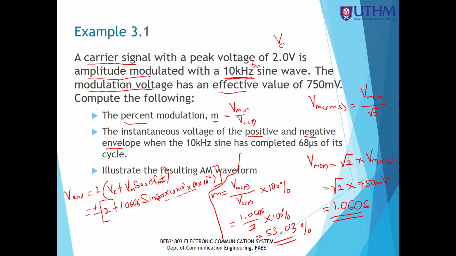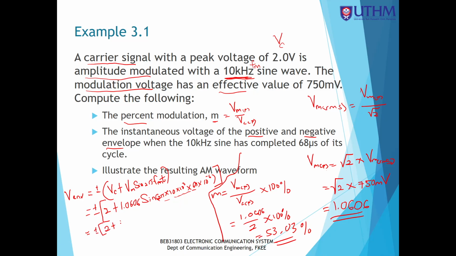I get 4.272566, and then I take the sine of the answer, so I get negative 0.9048.